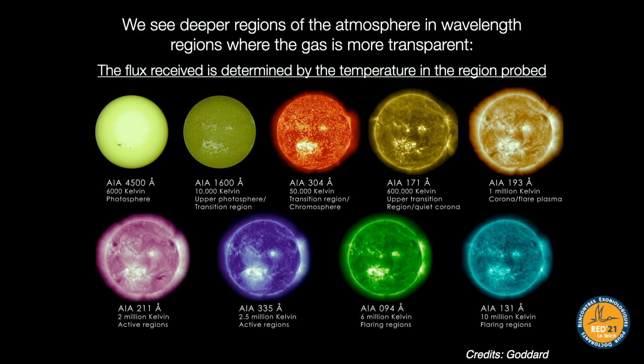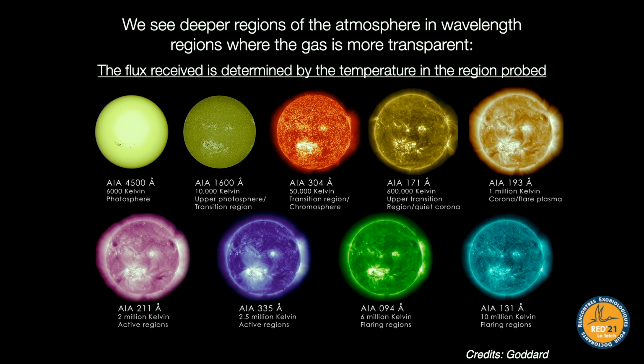Because of that, we see deeper regions of the atmosphere in wavelength regions where the gas making up the atmosphere is more transparent. The corollary is that the flux we receive is determined by the temperature of the region that we probe at this wavelength.